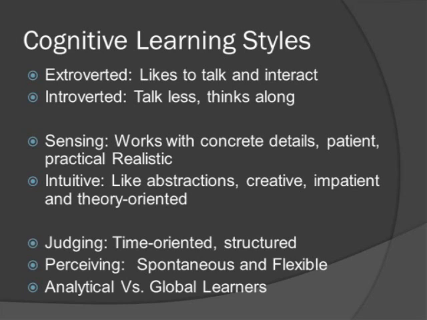We also have judging, which is very time oriented and structured, perceiving, spontaneous and flexible, and also what you have with analytical versus global learners, meaning do you break things down one piece at a time, or do you like to look at things holistically as one big whole?